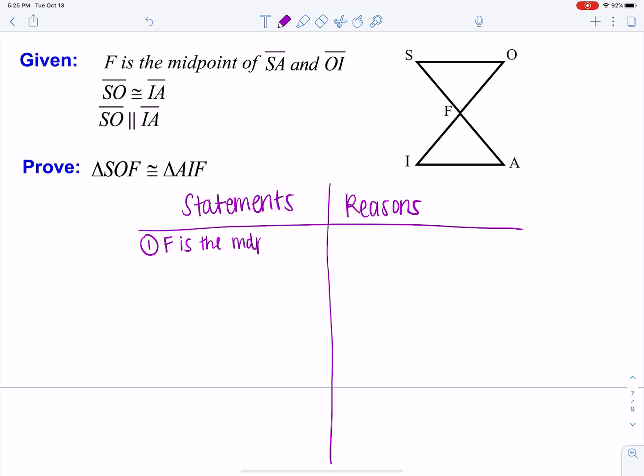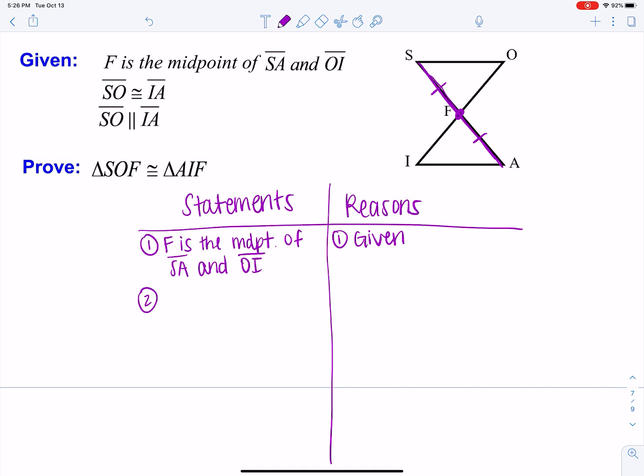F is the midpoint of SA and OI. That's given. So if I know F is the midpoint of this segment, SA, I know midpoint means it's dividing a segment into two congruent segments.